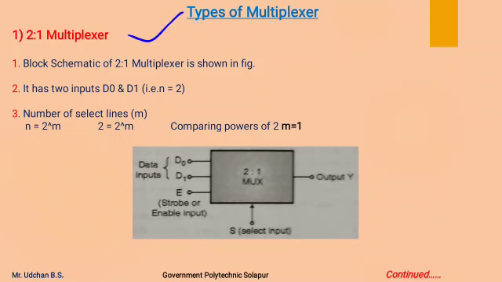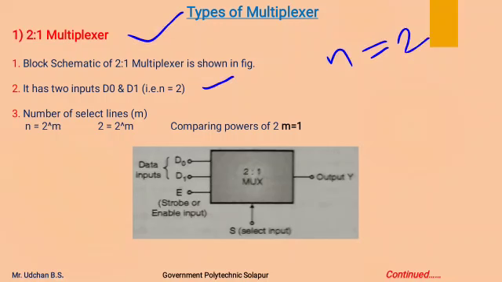The first one is the 2:1 multiplexer. It has two inputs, for example named D0 and D1, and only one output. As there are two inputs, n is 2.